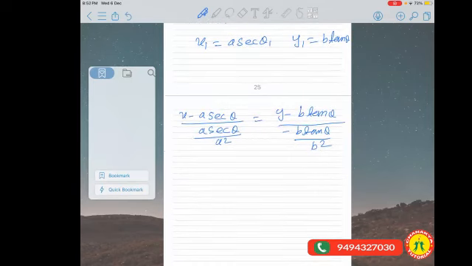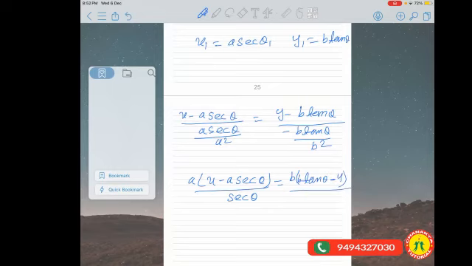Simplify this, we get a into x minus a sec theta by sec theta is equal to b into b tan theta minus y upon tan theta.